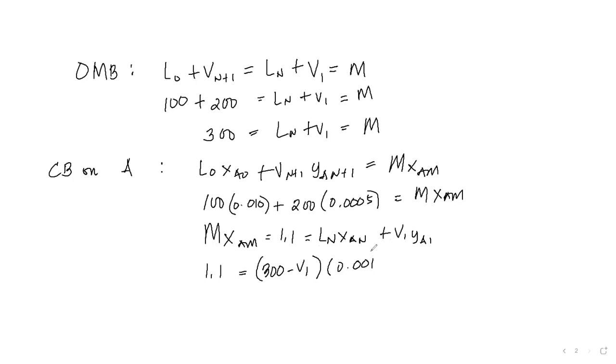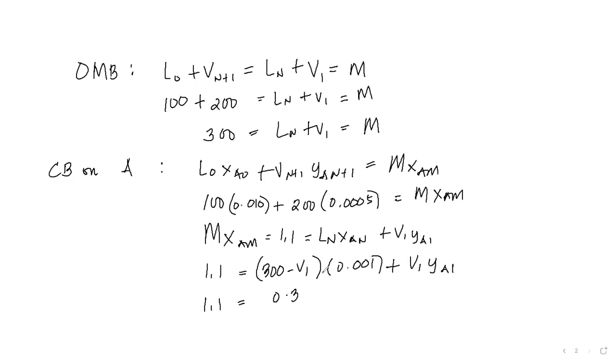And your V1, of course, is V1, but YA1 is unknown. Okay, we do not know YA1. So in here, you have 1.1 being equal to 300 times 0.001. That would be 0.3.